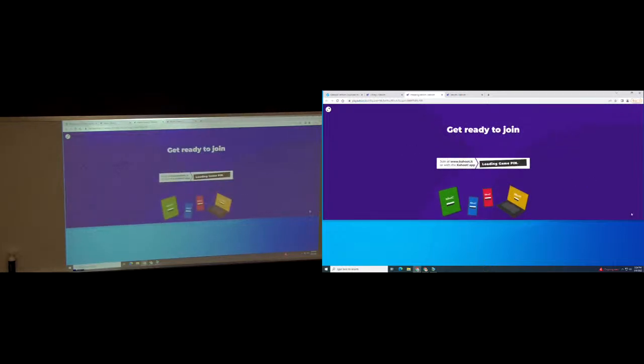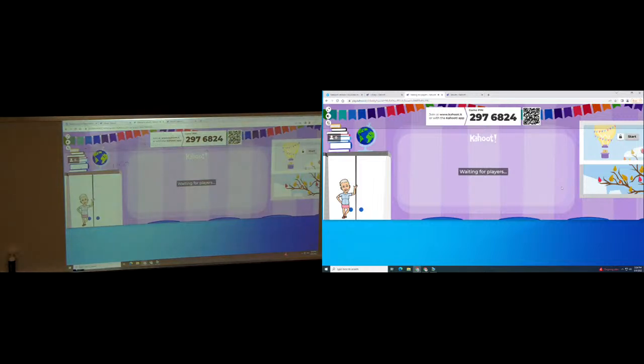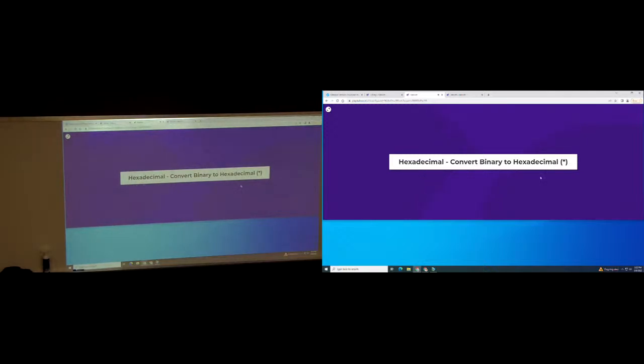Should have done this one first. Might have made it easier. All right, so this one we're converting the binary to hexadecimal.